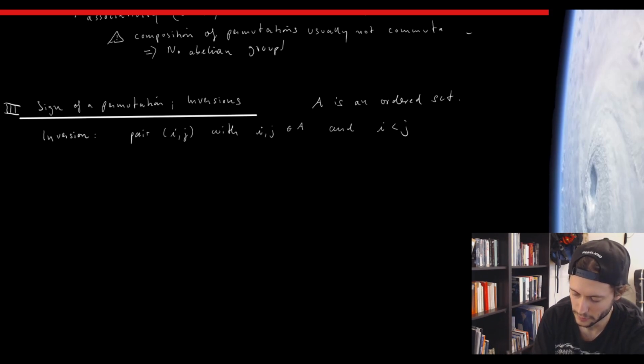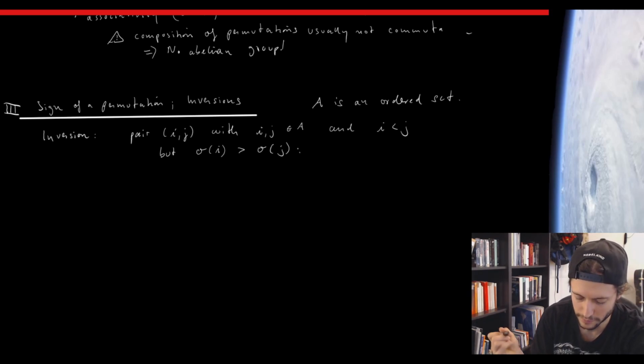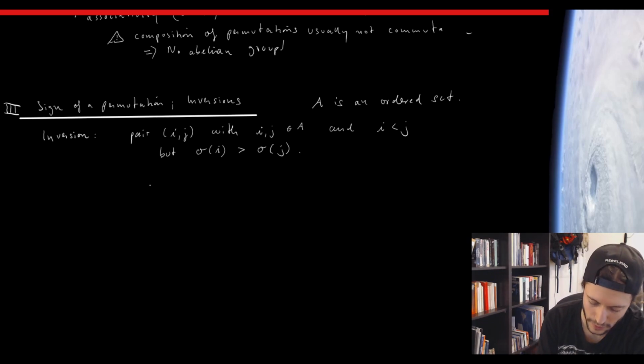So we have a pair like 3 and 4, where 3 is smaller than 4, but the permutation of i is bigger than the permutation of j. That's all. So let's say we map 1, 2, 3 with sigma. We leave 1. We do this.